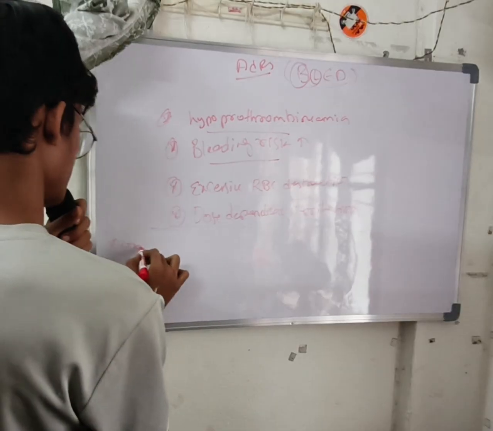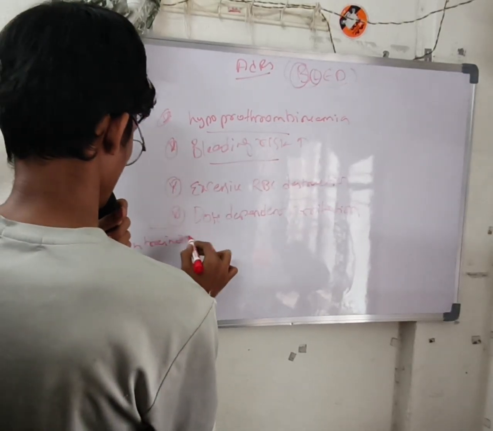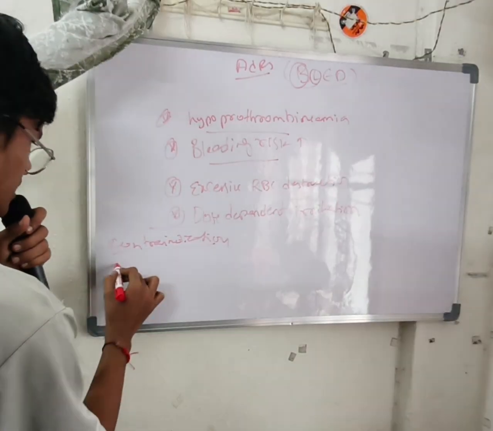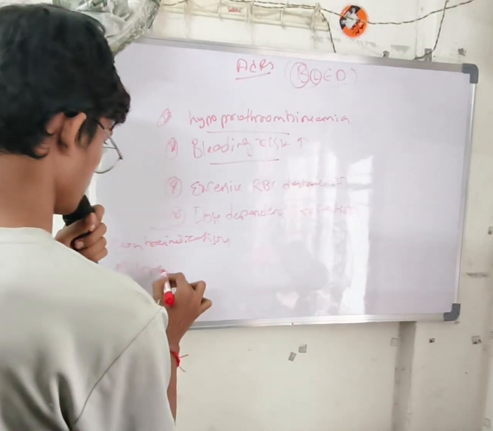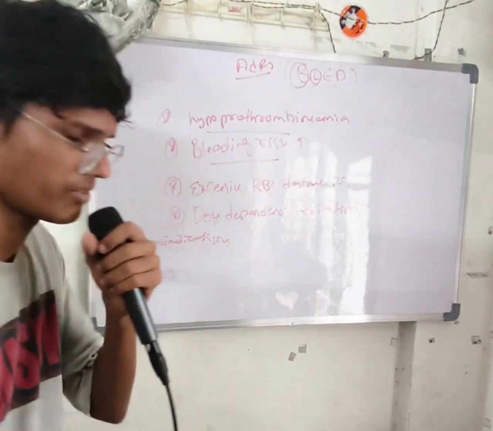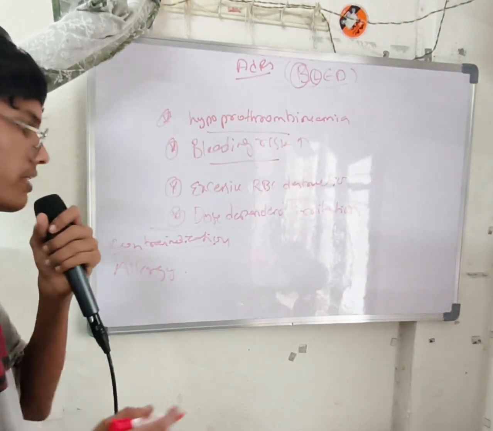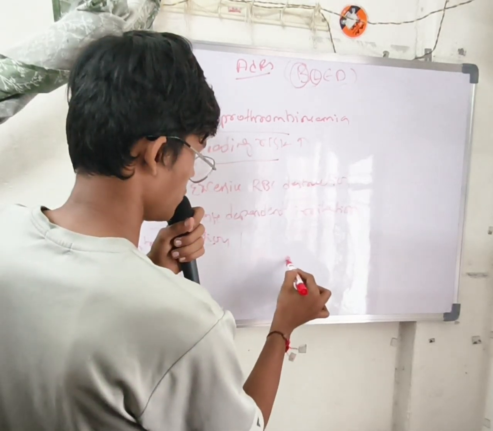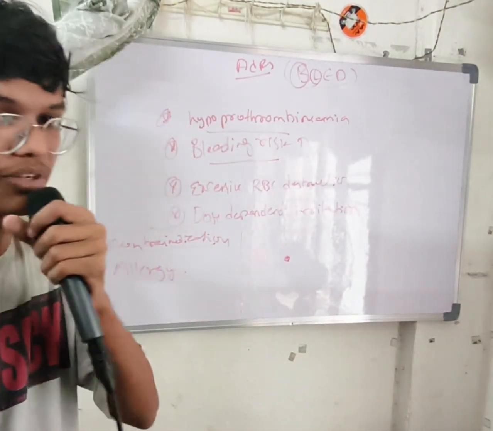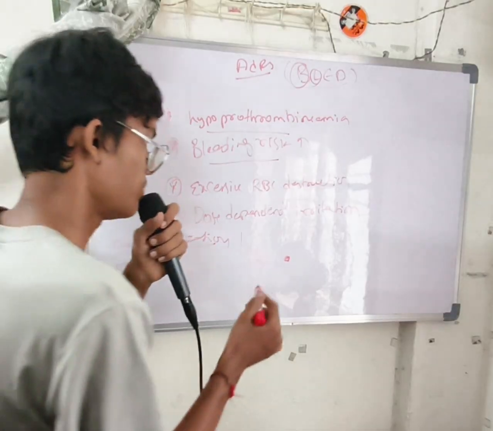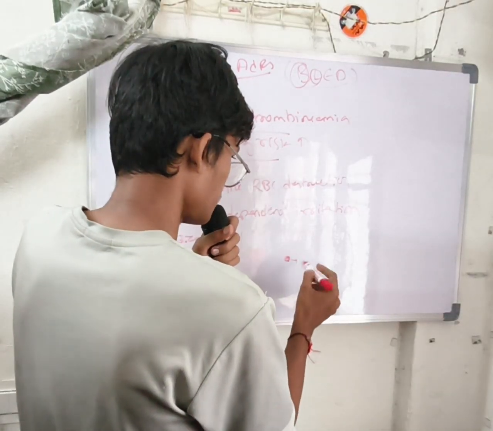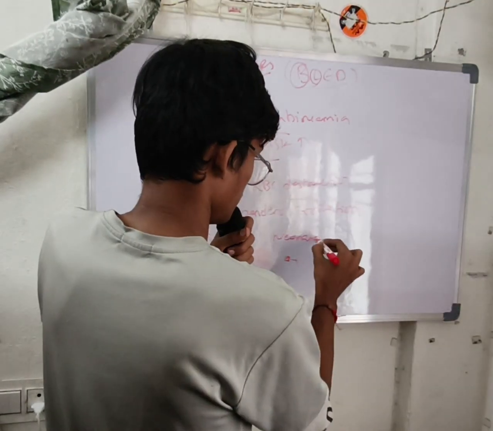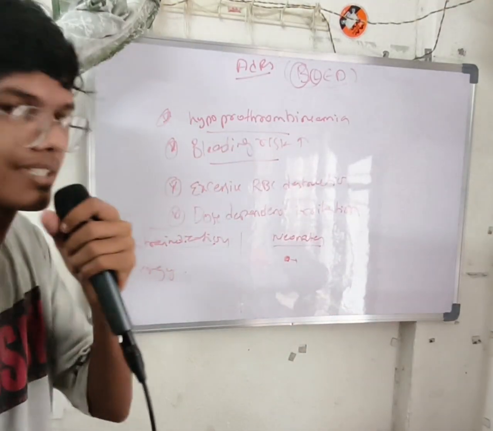So, contraindications. In contraindications we can write allergic reactions. The patient who is previously allergic to it, we should not give. And one more important thing: ceftriaxone will displace the bilirubin from its protein binding site. So if you give ceftriaxone to neonates, it might cause kernicterus.